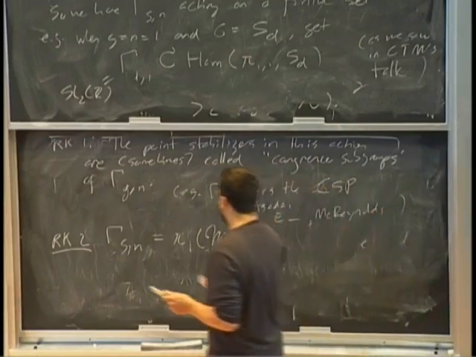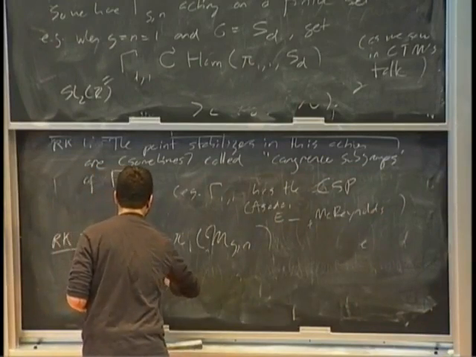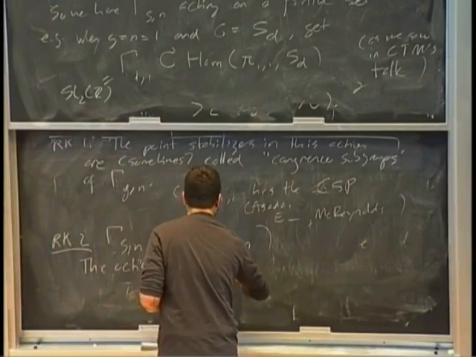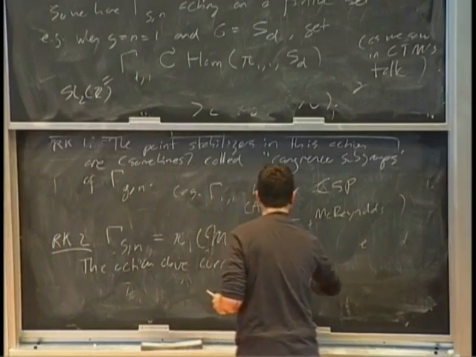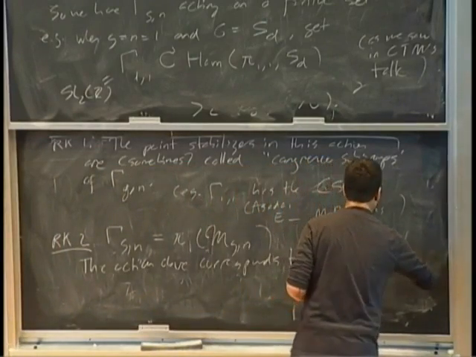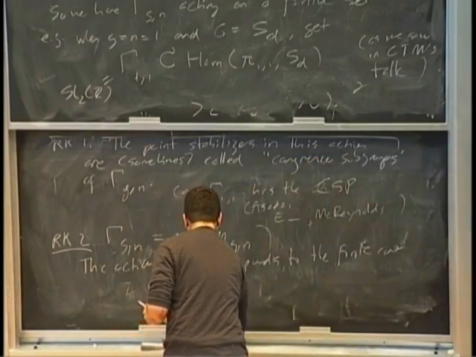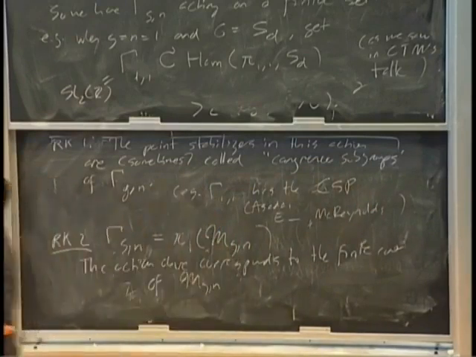And what is it? The action above corresponds to the finite cover of MGN, and I will tell you which one it is in a second when I get over to this other board.